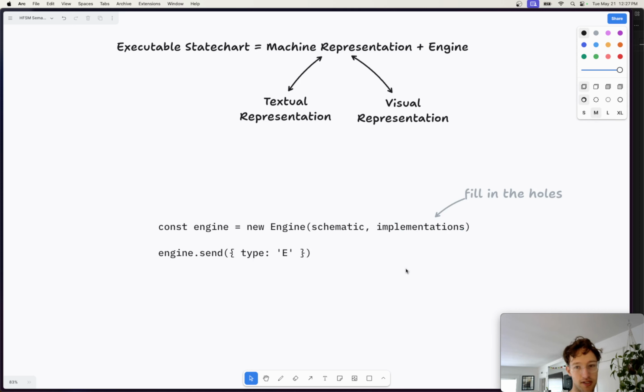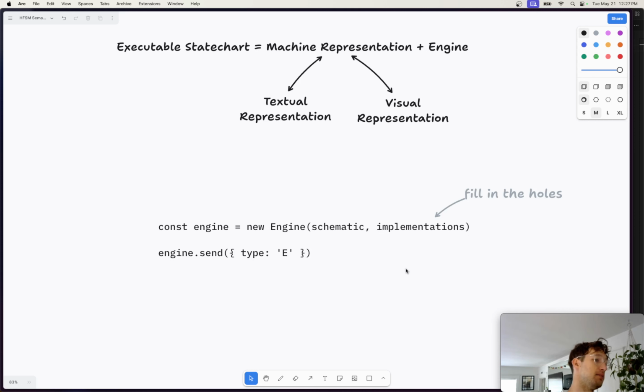Secondly, there's hole-driven development that one of our teammates, Bernard, was working on with his master's thesis or senior thesis, about hole-driven development with state charts, where you maybe provide a name of an implementation, and it acts as a hole that we could fill in later.